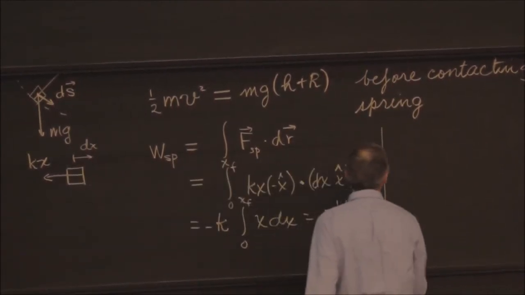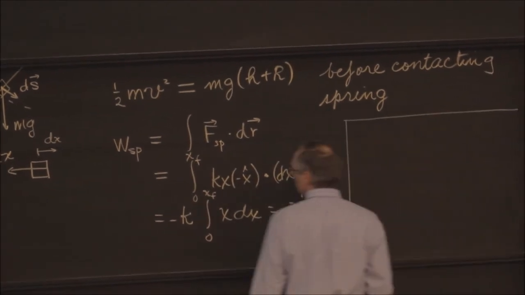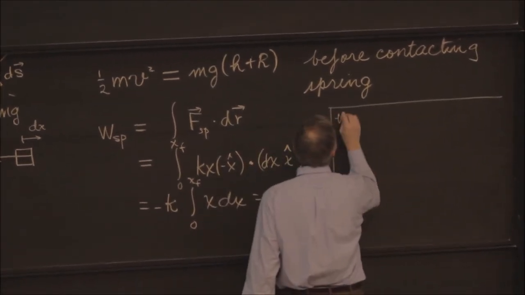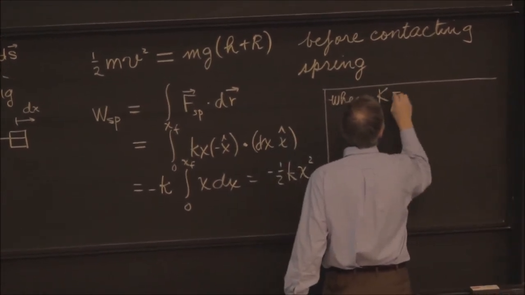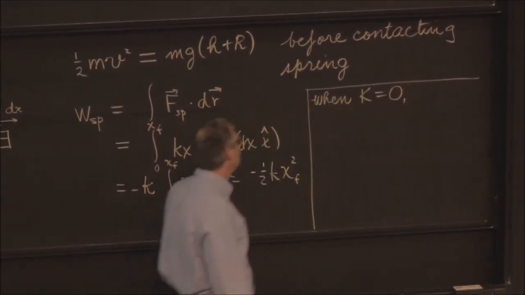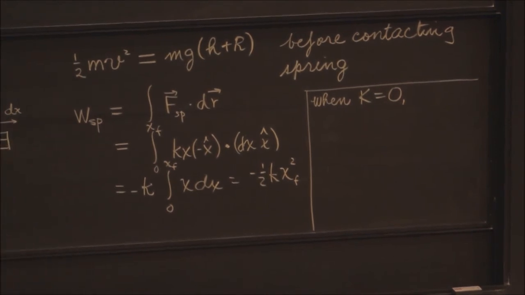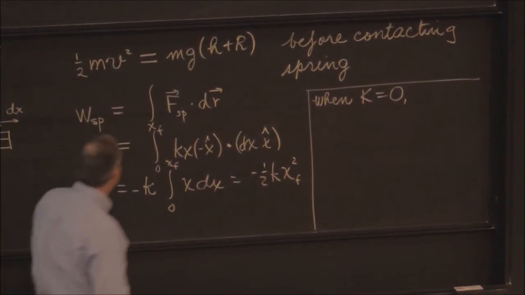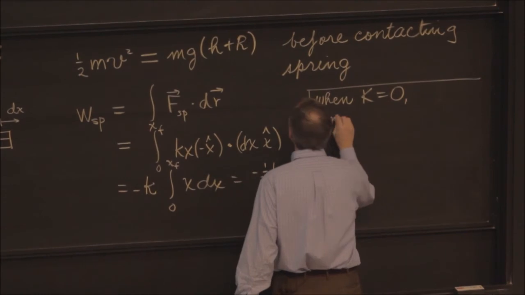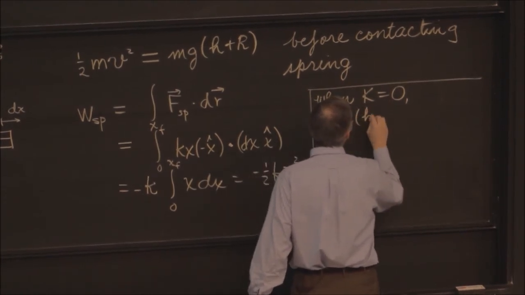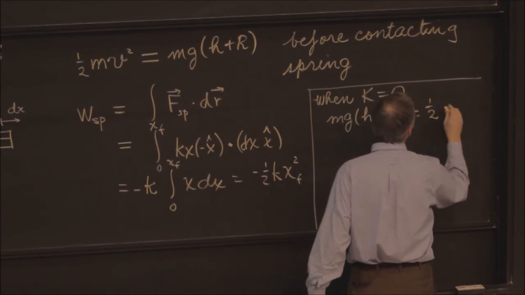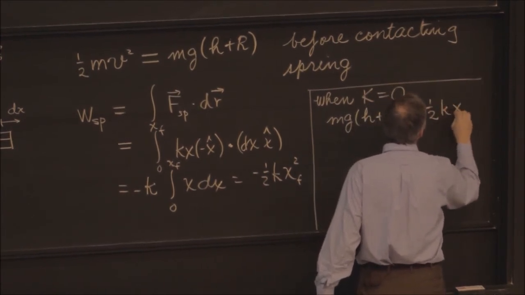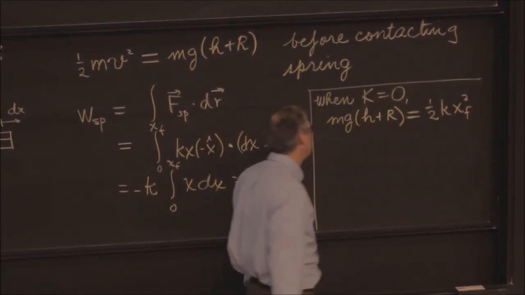when the kinetic energy is 0. mg(h plus r) is now 1/2 k x final squared.